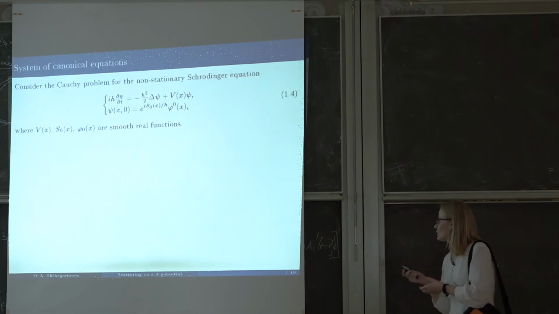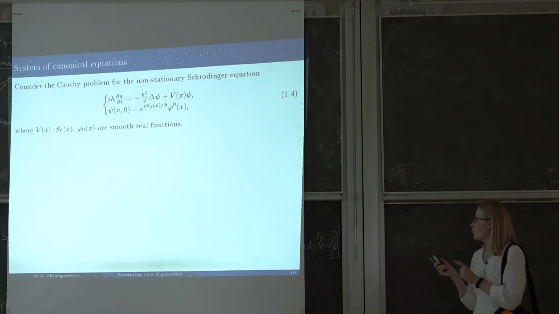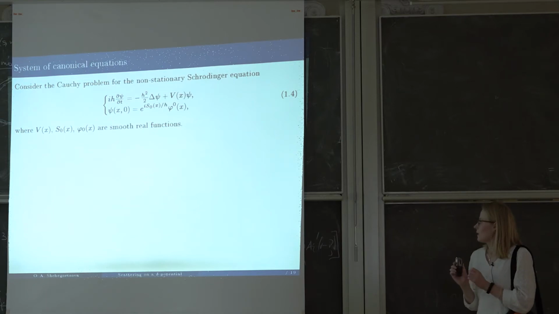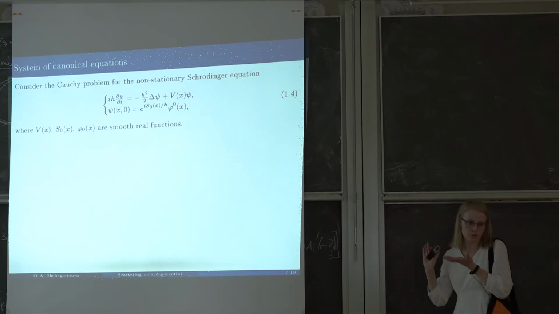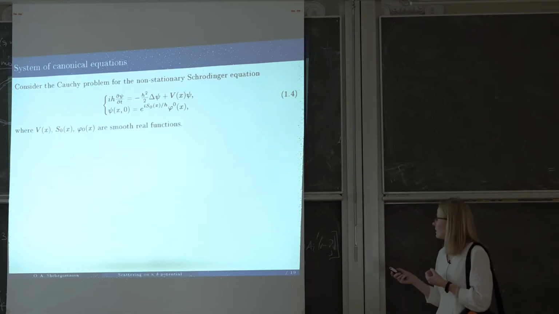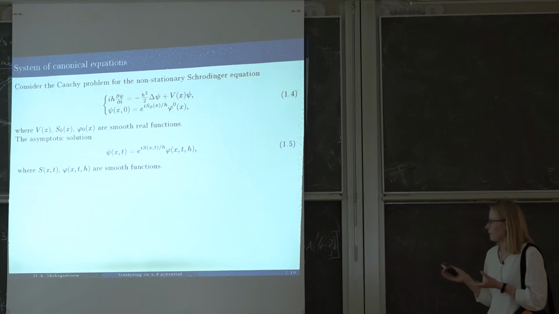Now I want to consider the general case of a non-stationary Schrodinger equation with smooth functions. In this case, we can construct the solution in the form of a Weber function.